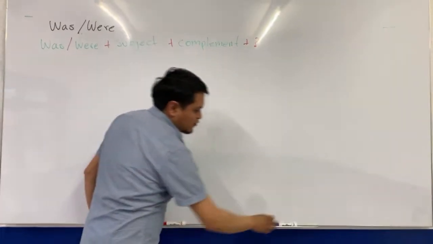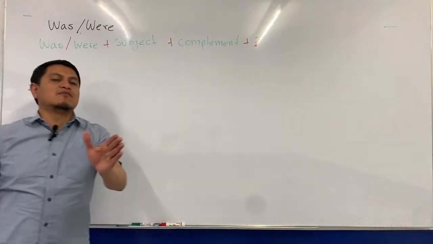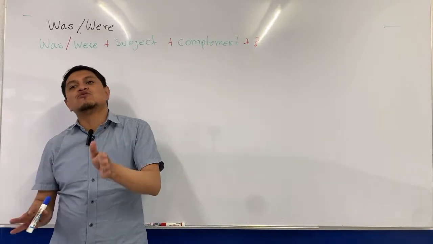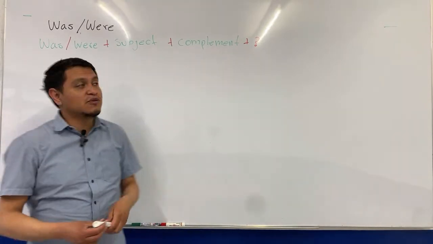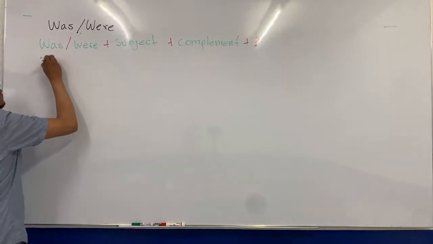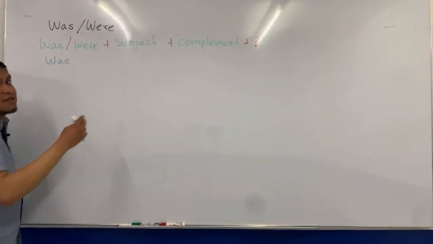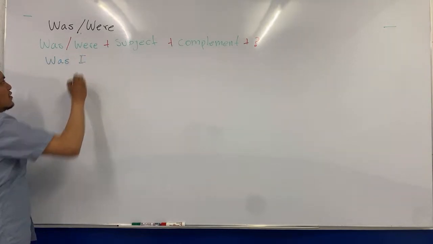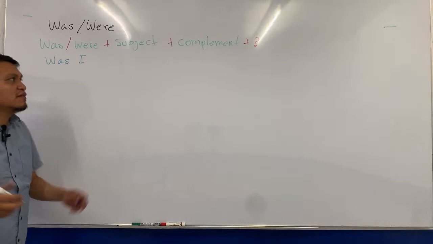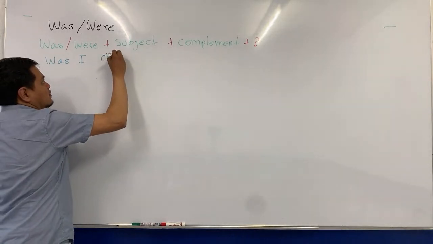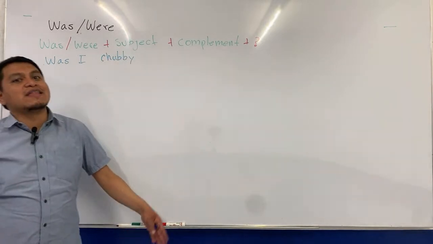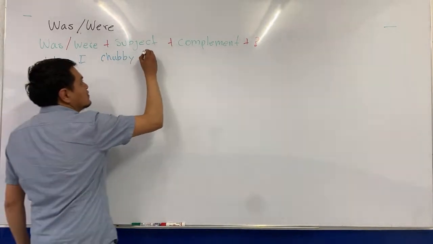Check this example. For example, with I: was I chubby when I was a kid? Was I, I mean me, was I chubby? I was chubby when I was a kid.